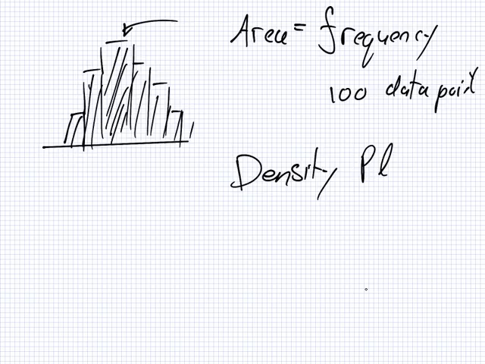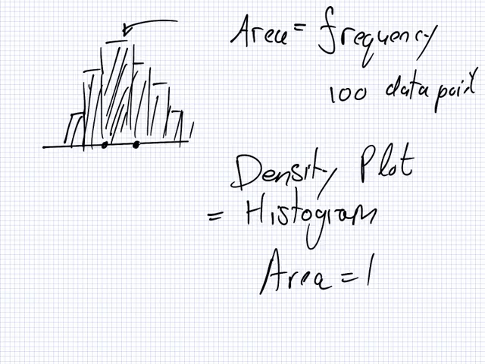That means that the area, instead of representing frequency, represents probability because the total is 1. So previously, if I said how many people are between here and here, you would have to get the area.